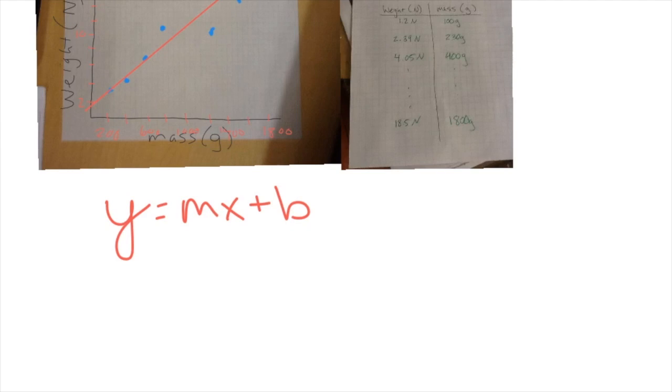That's a math way of talking about it. In physics, we don't want to use these variables because we didn't graph y's, we didn't graph x's, we graphed weight and mass. So we swapped those variables out for the actual variables that we used in the graph.